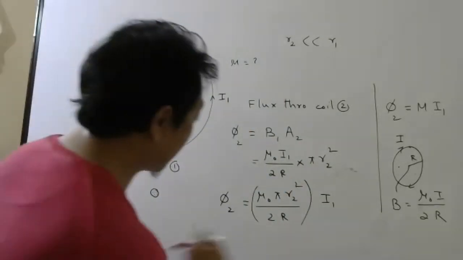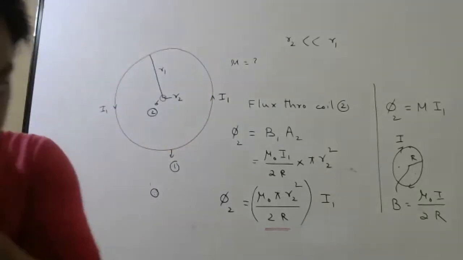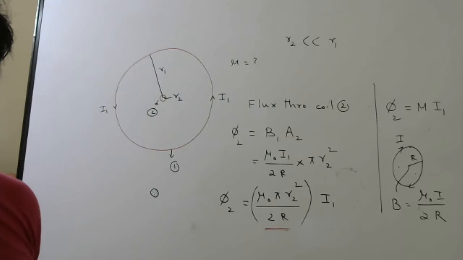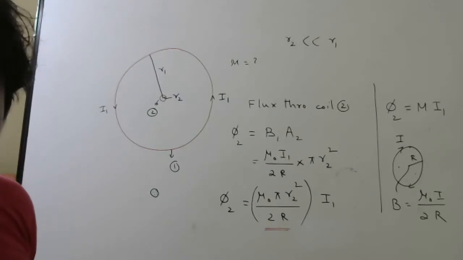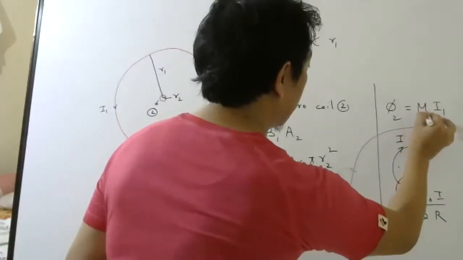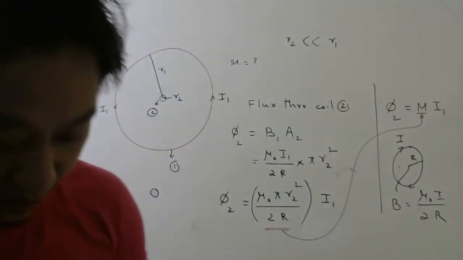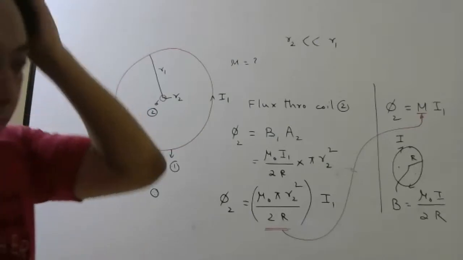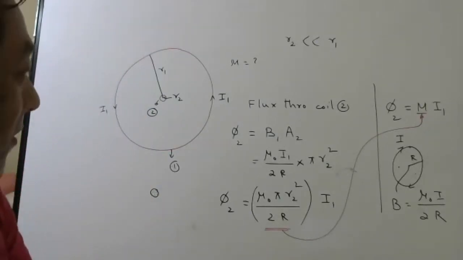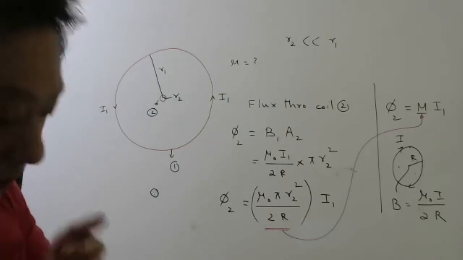So what will this bracket part be? That will be your mutual inductance. Okay, so see which option it is.